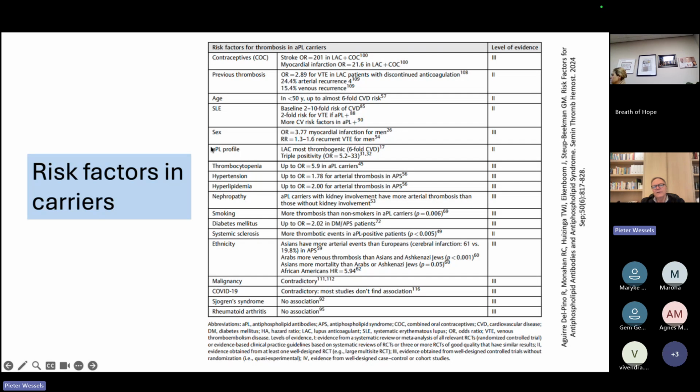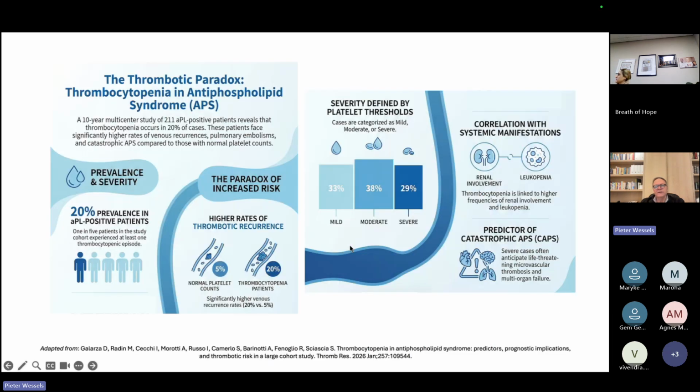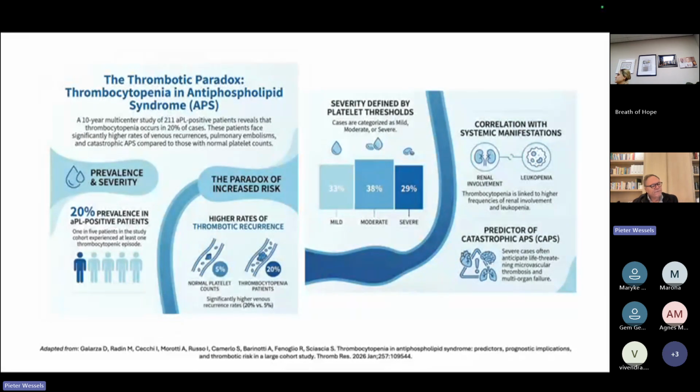And I think the one thing I want to show you is thrombocytopenia. If a patient that has antibodies develops a thrombocytopenia, you should be really worried because it's a sign of activity of the disease. And I quickly want to show you this. If you have antiphospholipid syndrome, 20%, or one in five patients, will develop a thrombocytopenia.